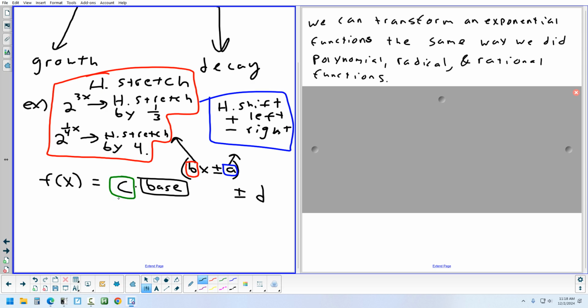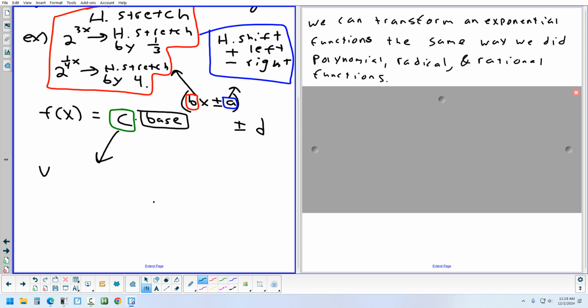All right, let's do C. Now we are outside the exponent, so it's vertical, and it's multiplication. So anybody think they know what C is going to do? Vertical stretch. Yep. And the vertical is not backwards.